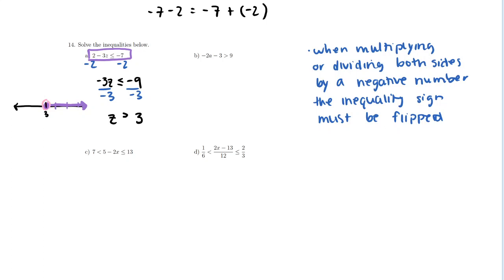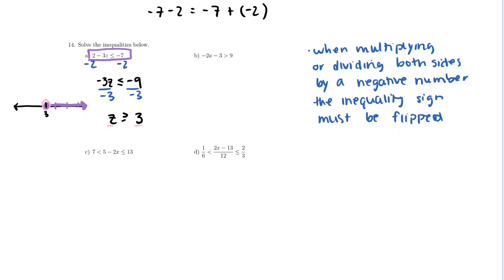Right? 3 would not actually be a value that makes the inequality true. And so despite seeing z here on the left and 3 here on the right, 3 for our variable would not be a true solution. It's just kind of telling you what the solutions are. It's saying that actually values that are larger than 3 make the inequality true, in the case that this is not greater than or equal to, that it's just greater than. Okay, so z is greater than or equal to 3.